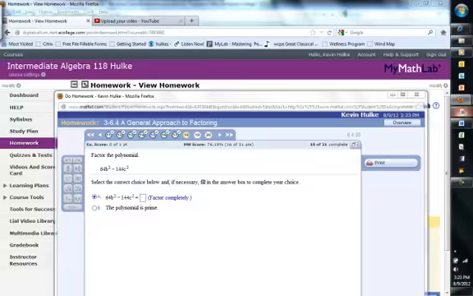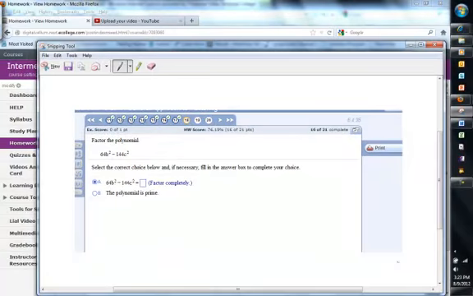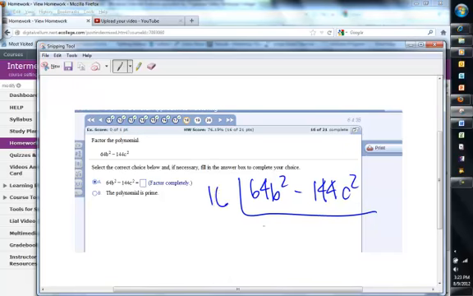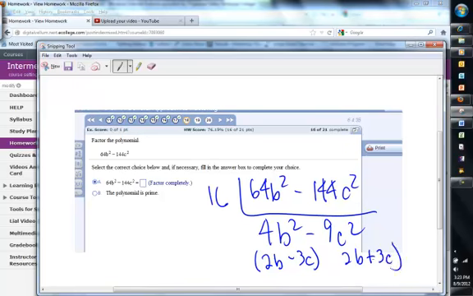All right. 64b squared minus 144c squared divided by 16, you get 4b squared minus 9c squared. Now you can do it, as this is 2b minus 3c, 2b plus 3c. So it's 16 times that.